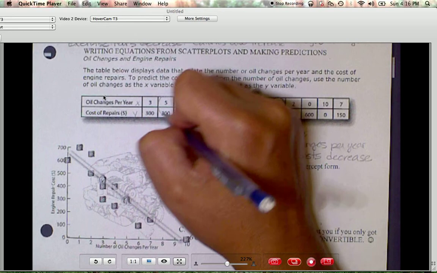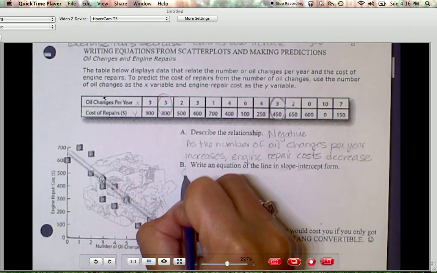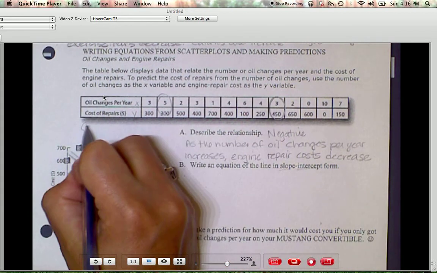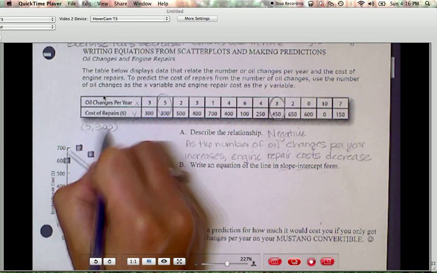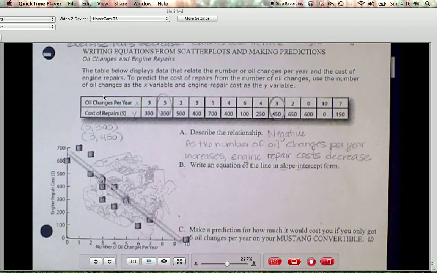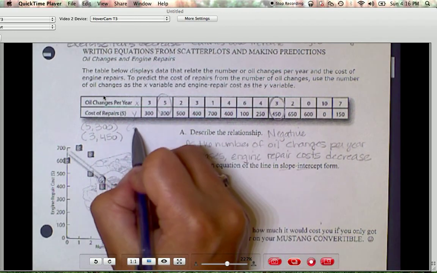So that's this one. So what might make this easier is to write these 2 points like we see points, and we'll write them up here. So 5, 300, where the x value is on the left and the y value is on the right. And the other one is 3 and 450.